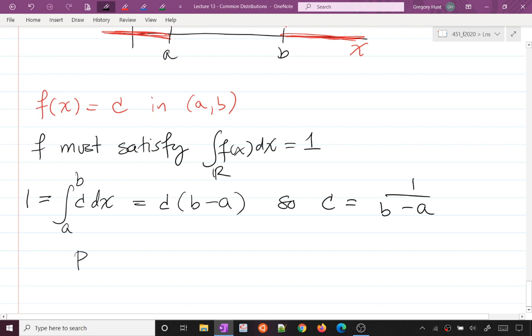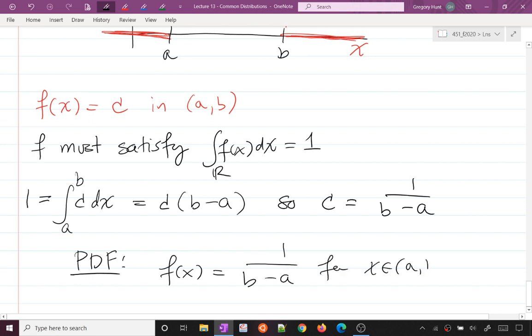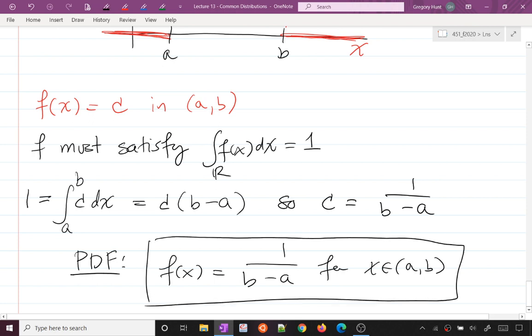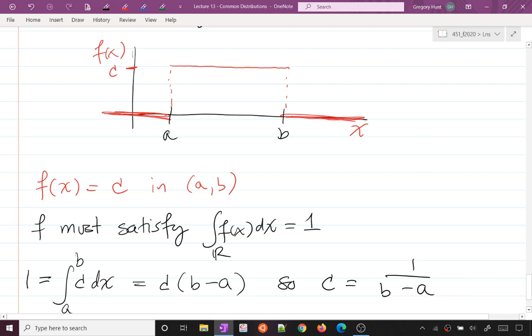What this means is that the PDF for my uniform is f(x) equal to 1 over b minus a for x in a to b, and 0 everywhere else. Another way of thinking about it is that there's some area under here, and this area had better be equal to 1.